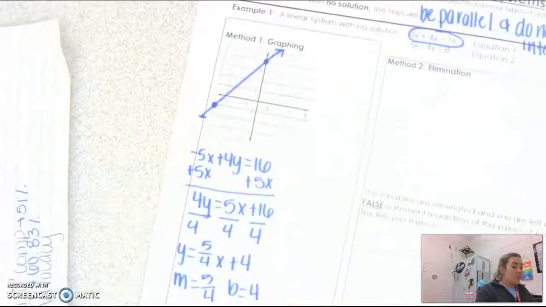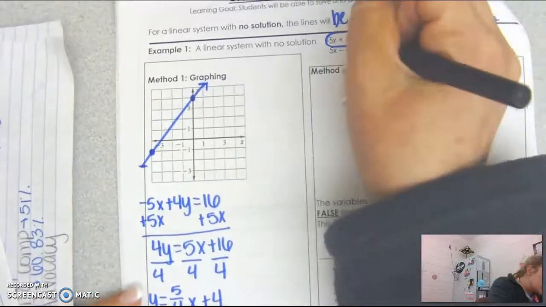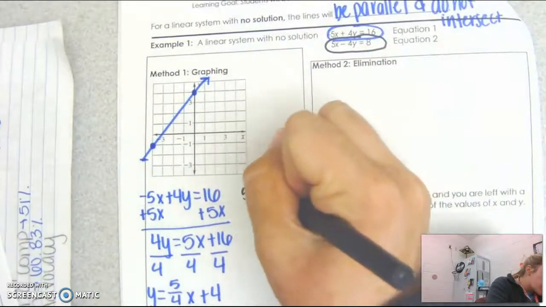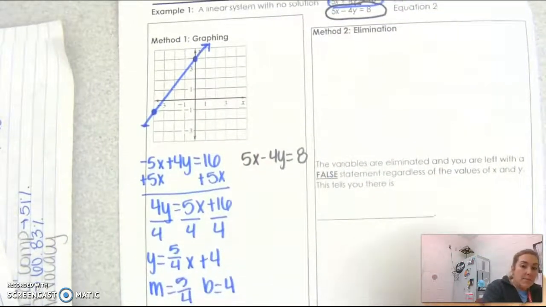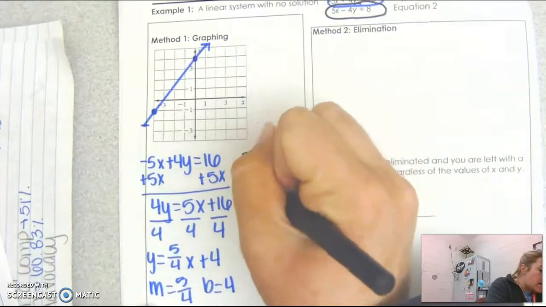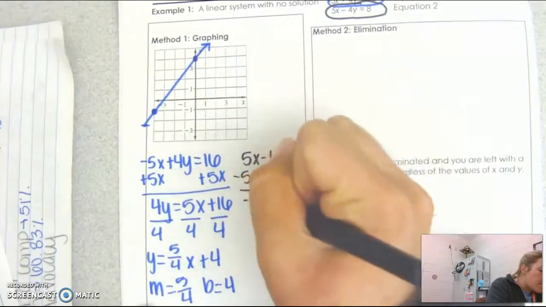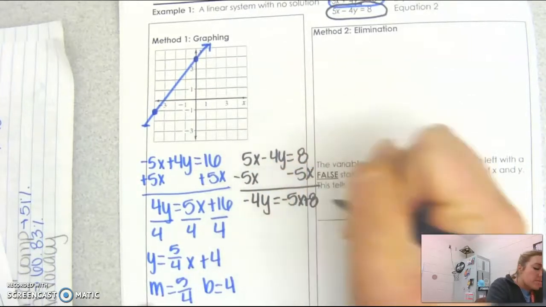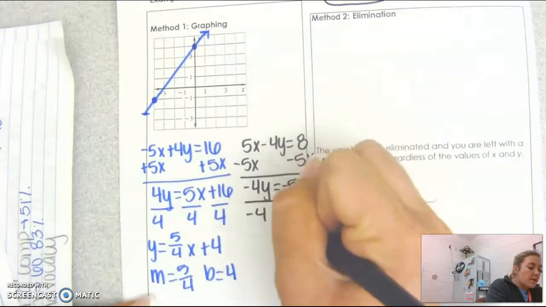Now we're going to do the same thing with equation 2. I have 5x minus 4y equals 8. I want to get y by itself, so I'm going to subtract the 5x. I get negative 4y equals negative 5x plus 8, and I'm going to divide everything by negative 4.